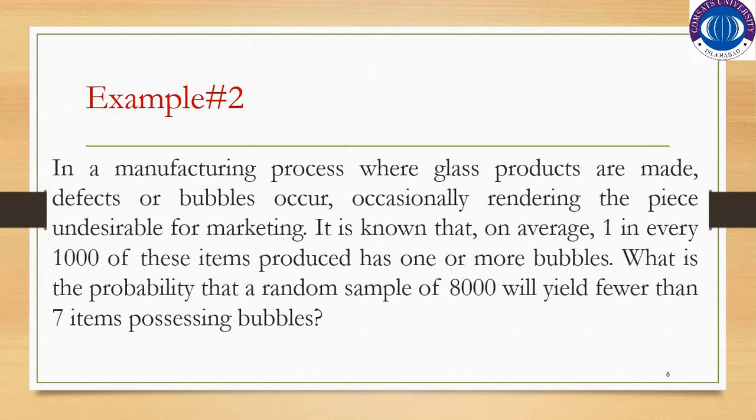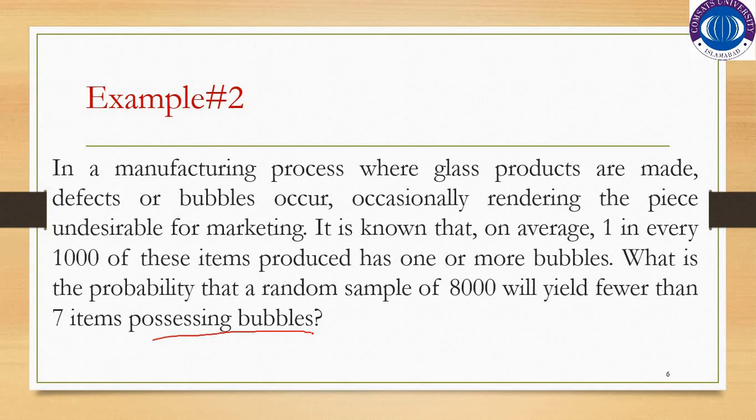So as you can see from the explained scenario, there are two possible outcomes: either the glass product will be non-defective, or it would have a defect or bubbles. As we are interested in the items possessing the bubbles, this is the success for us, otherwise the failure.